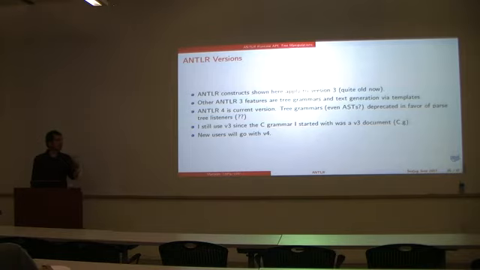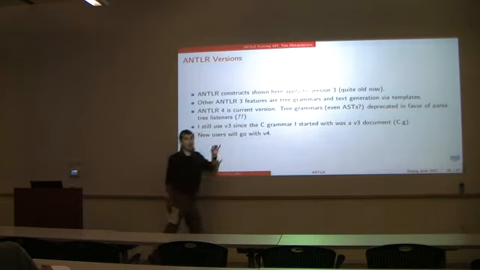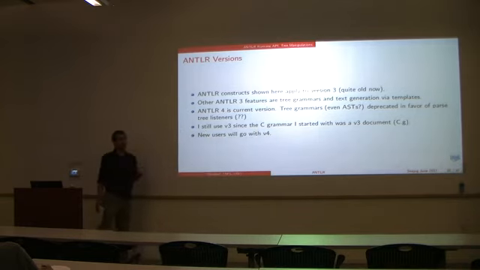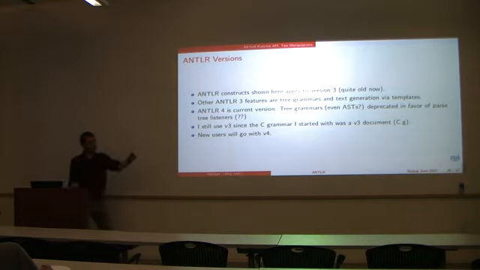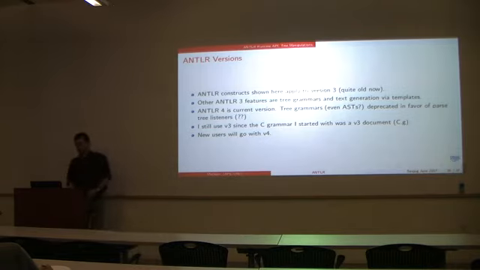The reason I'm still using Antlr version 3 is that when I grabbed an Antlr C grammar, because I wanted to manipulate C code, Antlr 3 was current. I haven't gone with the Antlr 4 transition because the syntax for how to write the grammar has changed, and I don't want to port a big grammar like C from version 3 to version 4. But if you're new to this, you definitely go with the latest version.